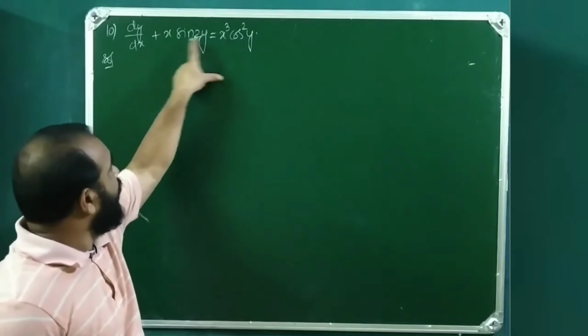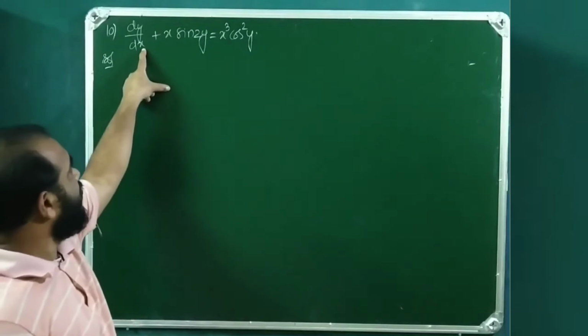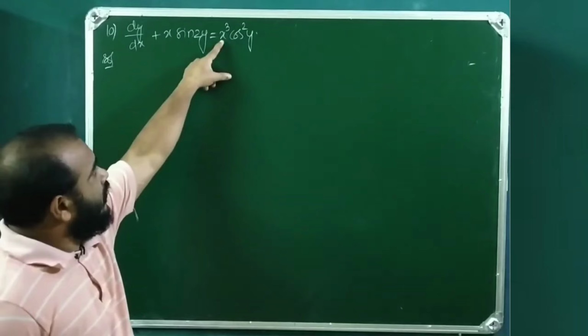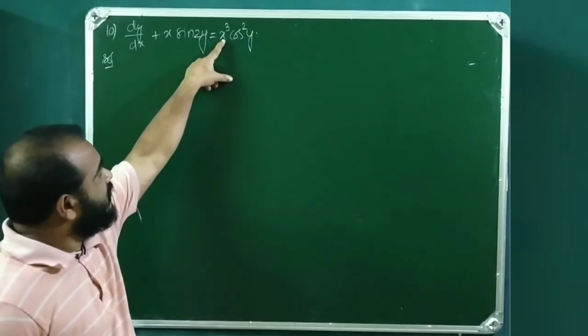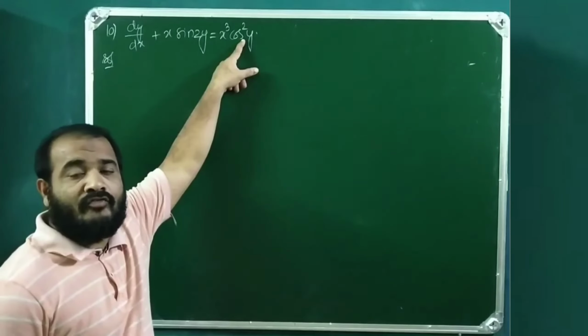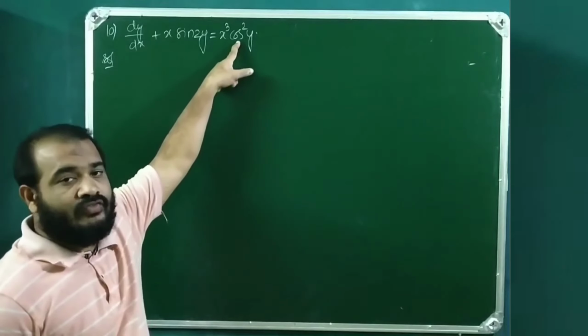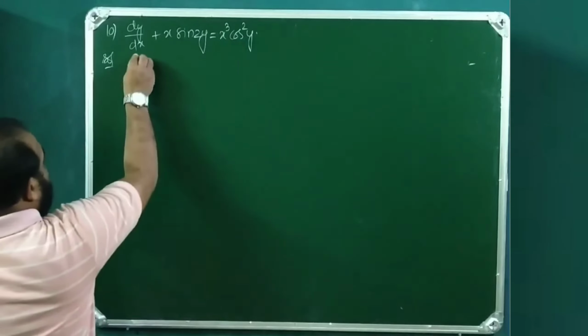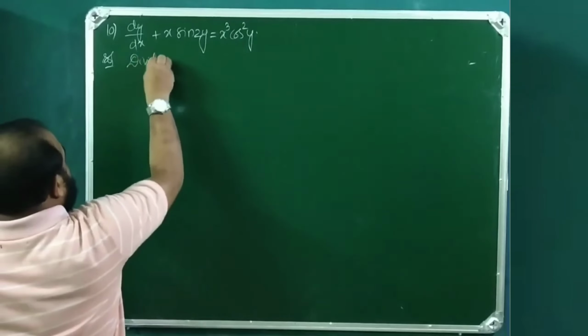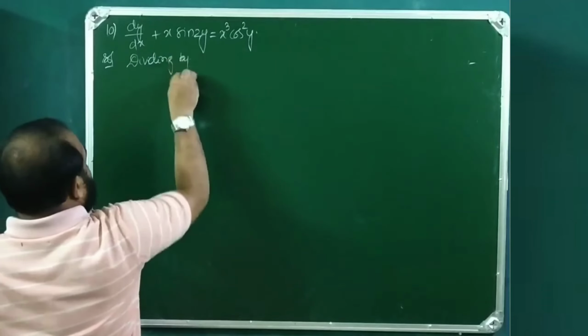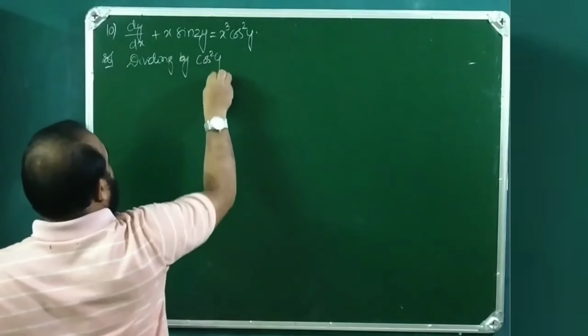Along with that, p and q are in terms of x. So we may see along with q, which is a function of x, there is also a function of y. So let us divide this by cos square y, dividing by cos square y on both sides.